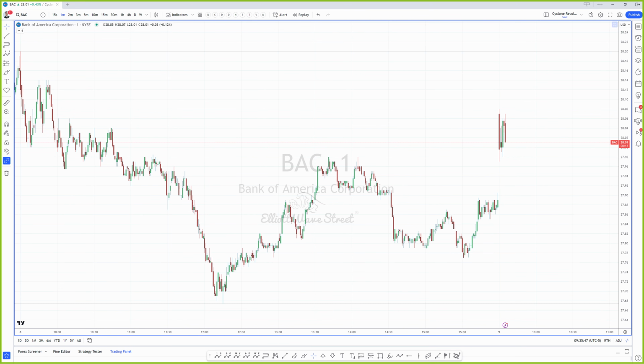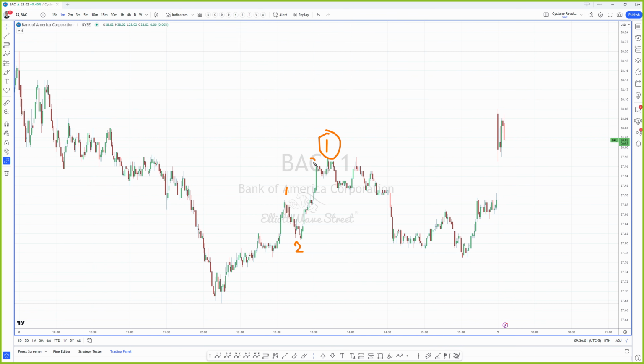On the 1 minute chart, we can see the 5 wave sequence for the wave 1. So we can say that this could be our wave 1 here, the wave 2, the wave 3, 4, and 5. Then comes the corrective wave.